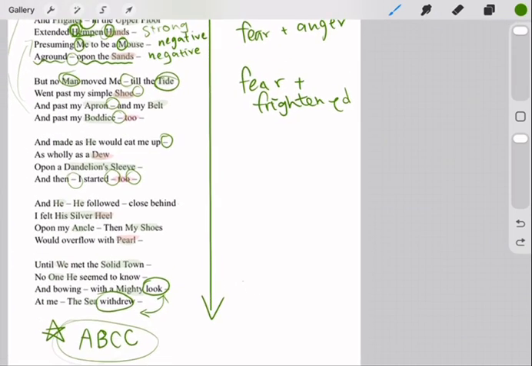Then you can see "made as he would eat me up, as wholly as a dew." Here she is utilizing hyperbole, where he would eat her up as wholly as a dew. Of course he would not eat her up, so it's very exaggerating the actions.